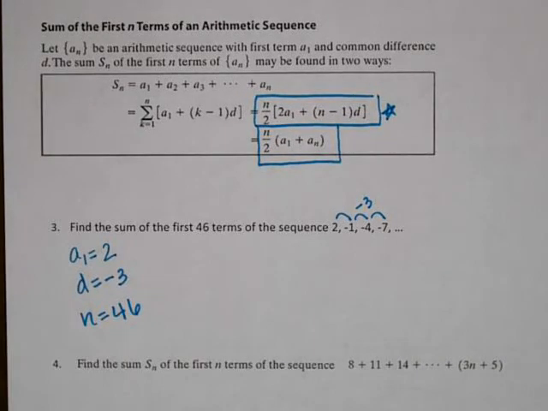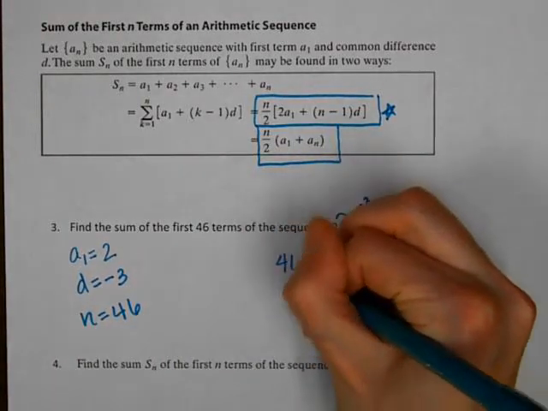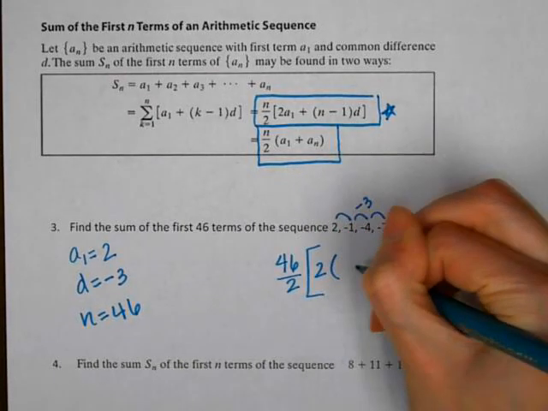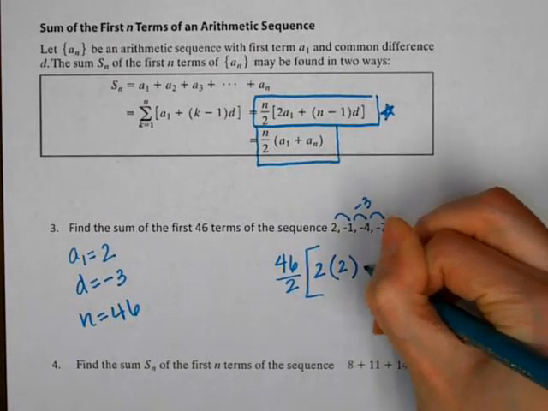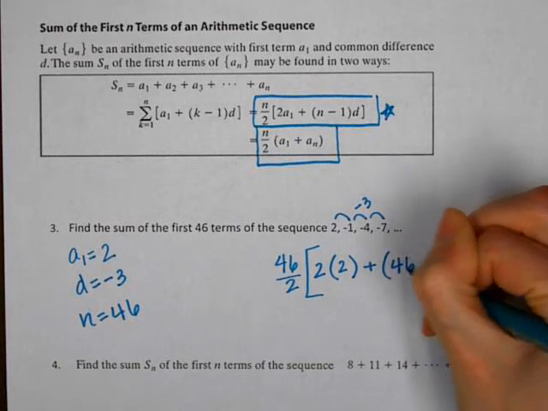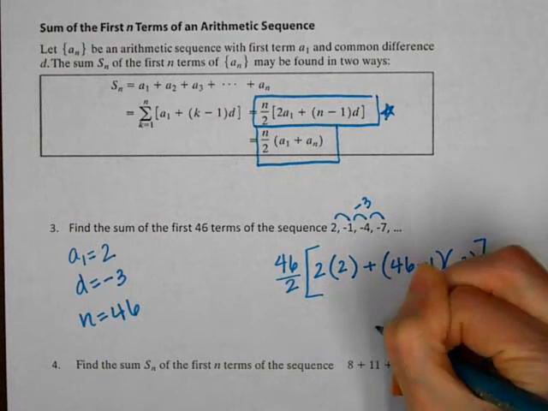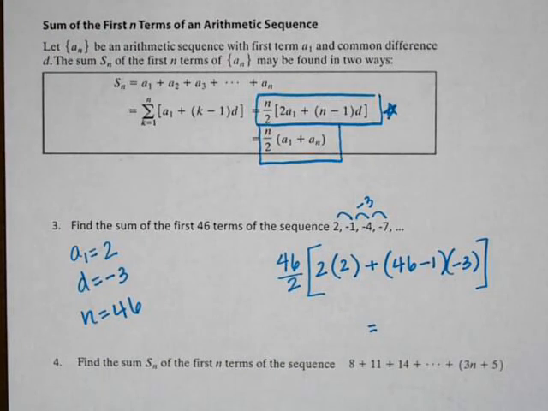All right, so let's plug in what we have. It's going to be n over 2 times 2 times a sub 1 plus n minus 1 times d. And then you can just type that straight in the calculator.